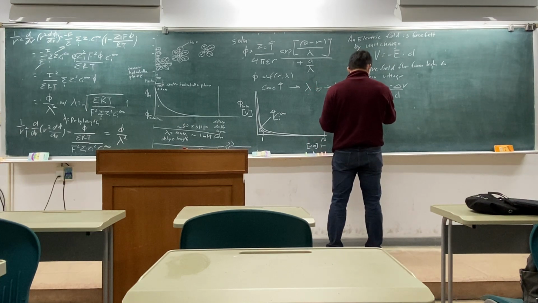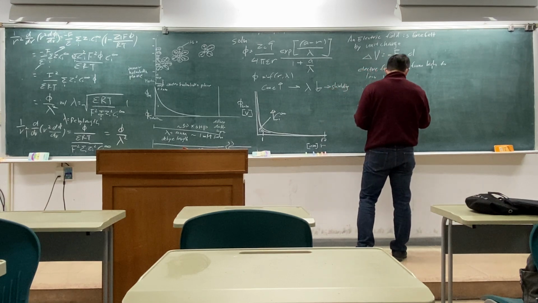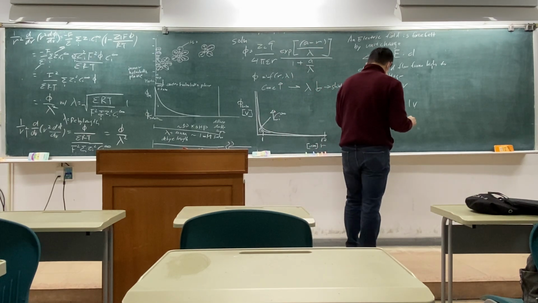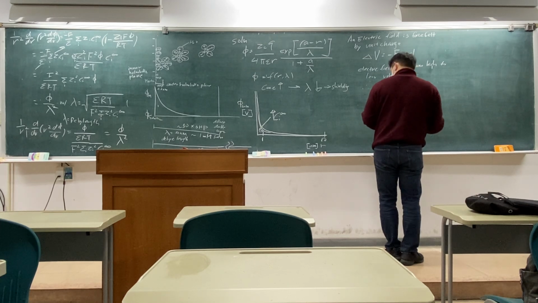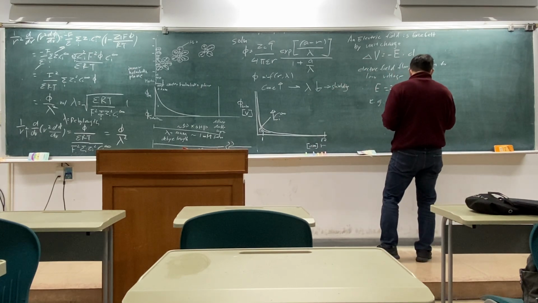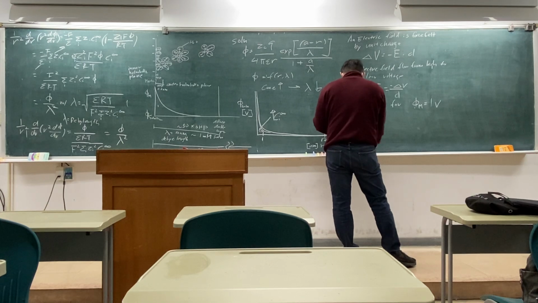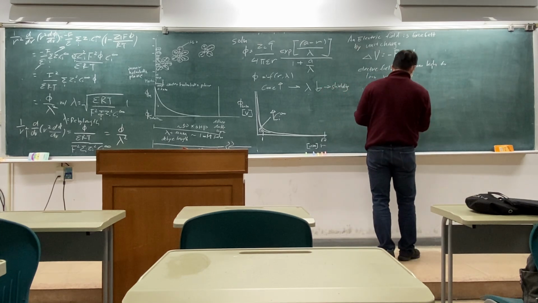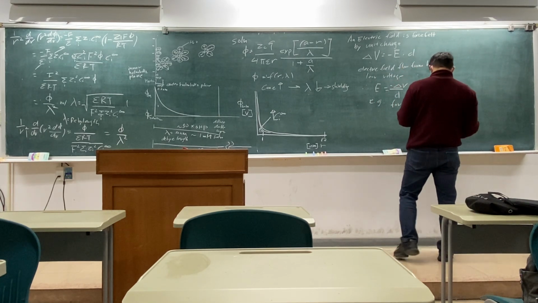So if you have 1 volt, if your metallic conductor is at 1 volt, then delta V is equal to 1 volt.